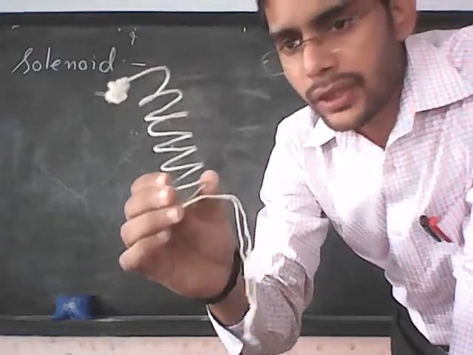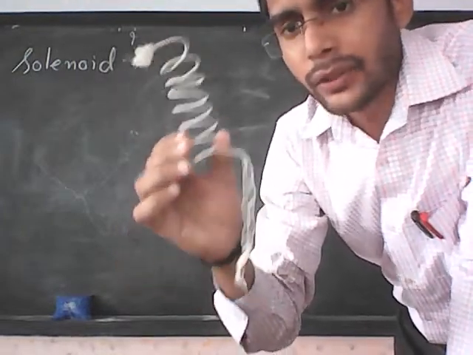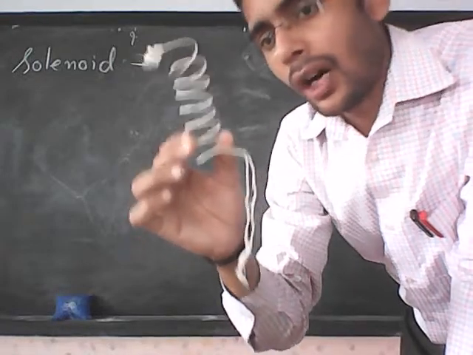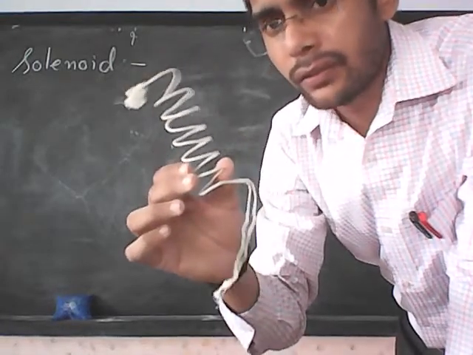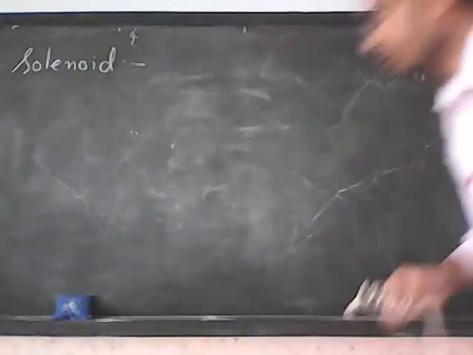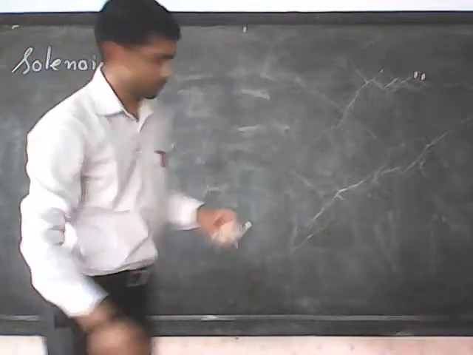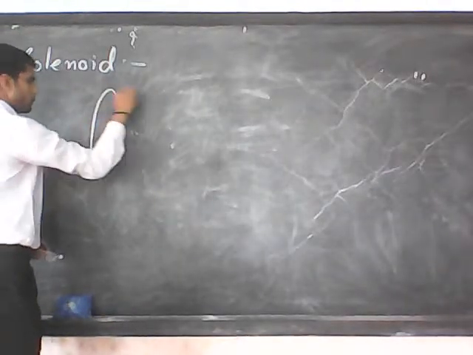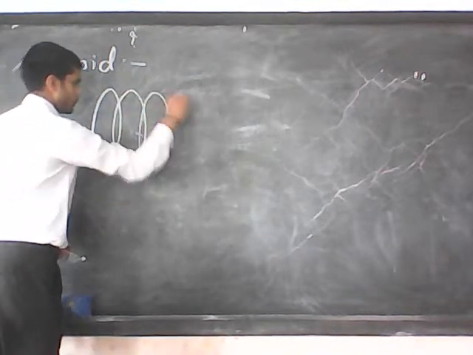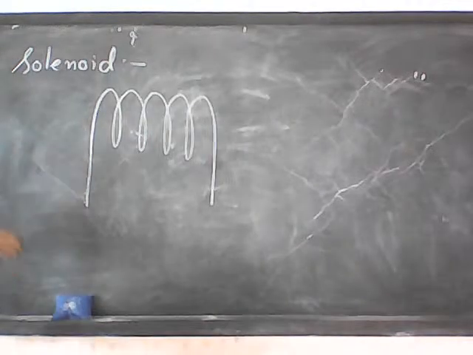So this behaves like a simple bar magnet. We can also find out what the direction of its magnetic field will be.